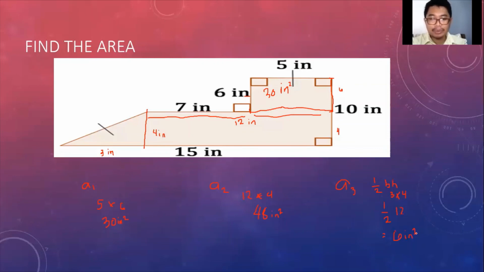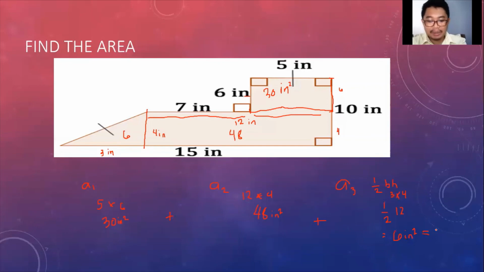So to get the total of the whole figure, this one is 48 inches squared, this one is 6 inches squared. So to add, we have 30 inches squared plus 48 inches squared plus 6 inches squared.